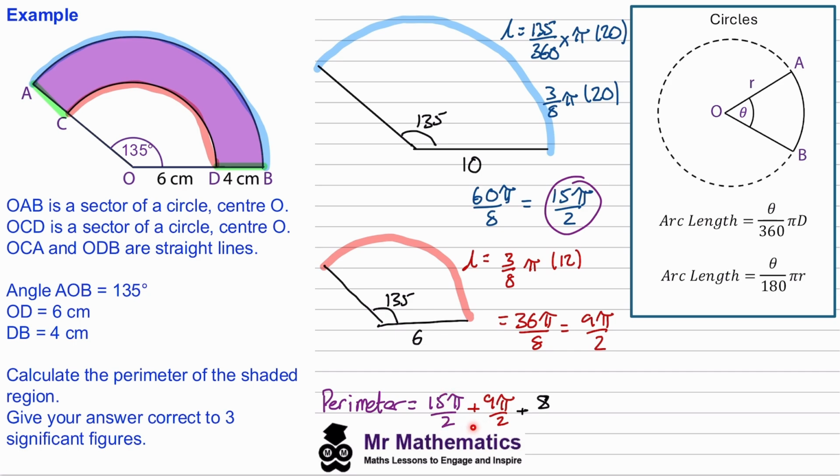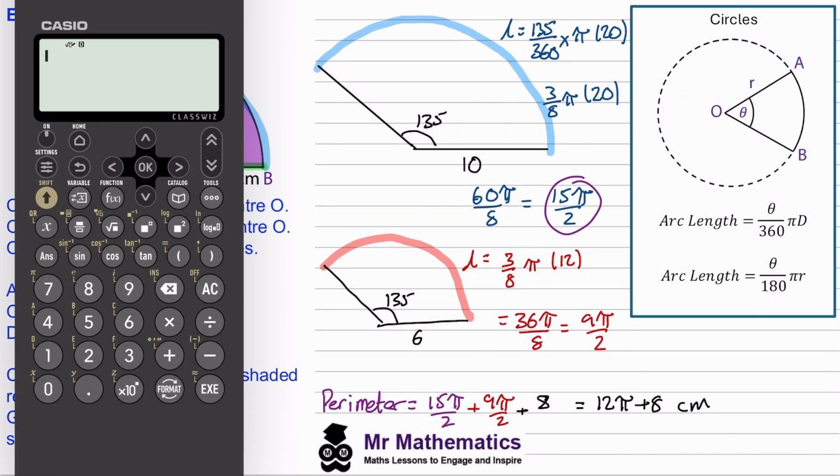If we add these two together, we'll get 24 pi over 2, which is 12 pi, plus the 8 centimeters. And to give this as an answer to 3 significant figures, we can go to our calculators. We'll enter 12 pi plus 8, and we get 45.7 centimeters to 3 significant figures.